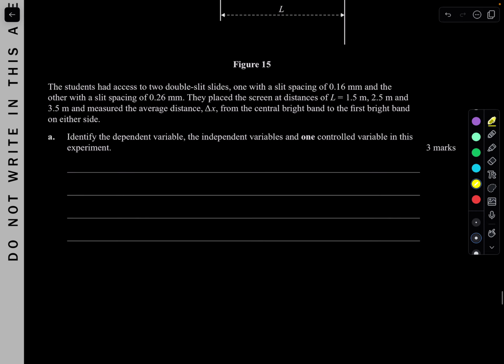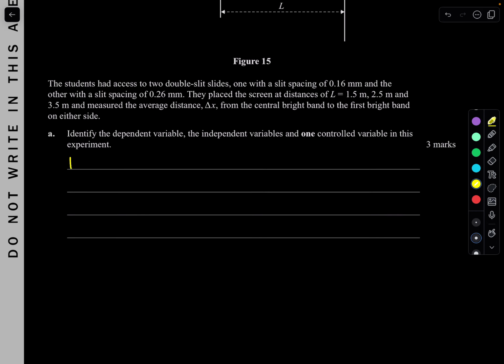Beautiful. Let's do the independent variable first. The independent variable is the variable that you can manipulate or change. I'm just going to choose one because there are two: the slit spacing, and the distance between the screen and the slits.